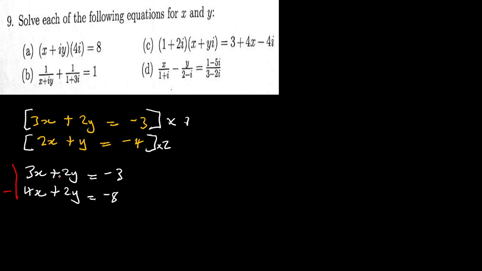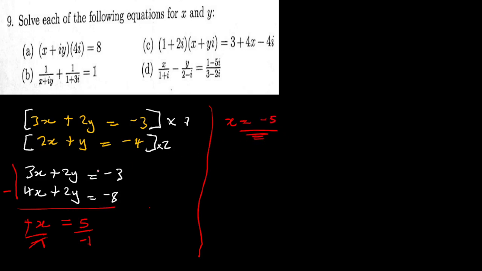So I'll subtract since they are the same. So 3x minus 4x, it is just negative x. Negative 3 plus 8, it's simply equal to 5. So I'll divide throughout by negative 1, that negative and that guy will go. So x will simply be equal to negative 5.